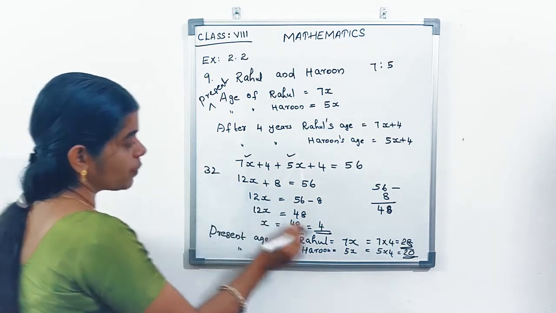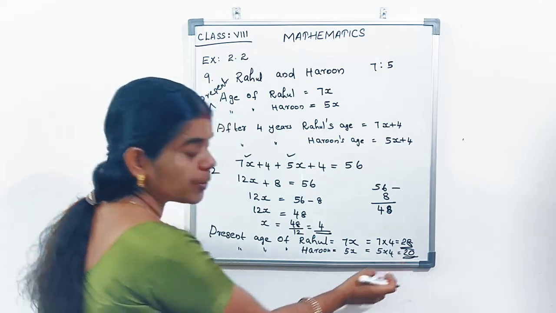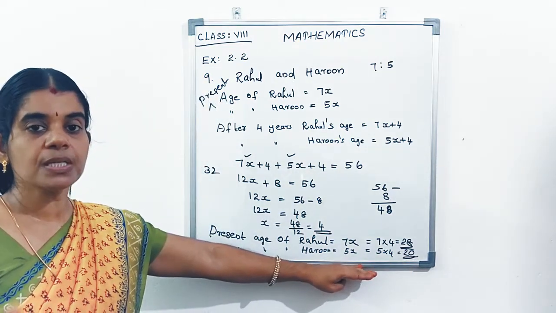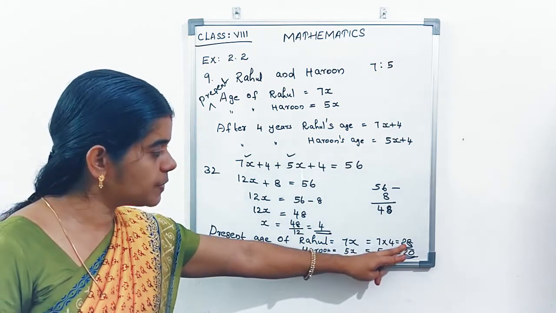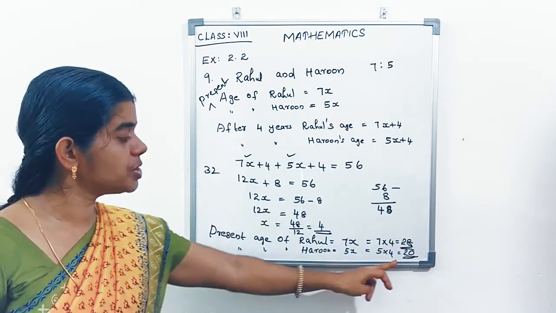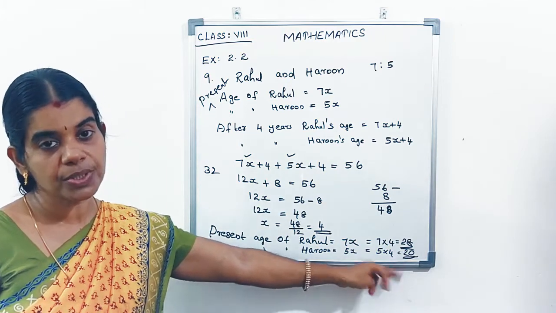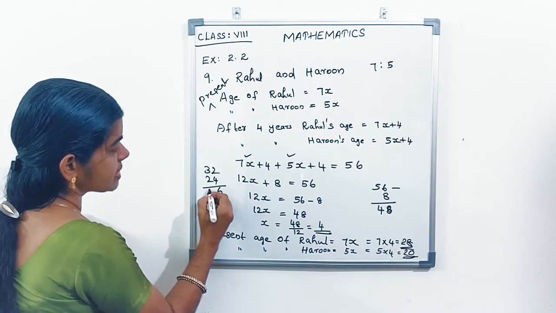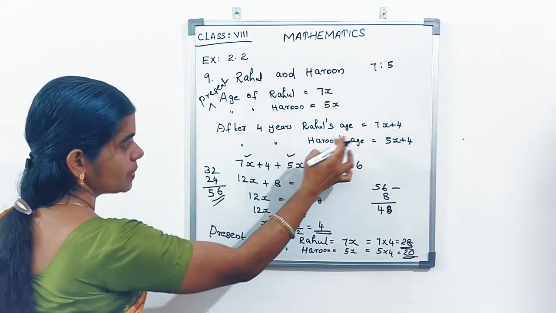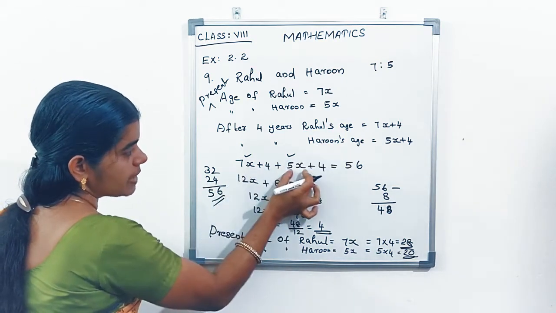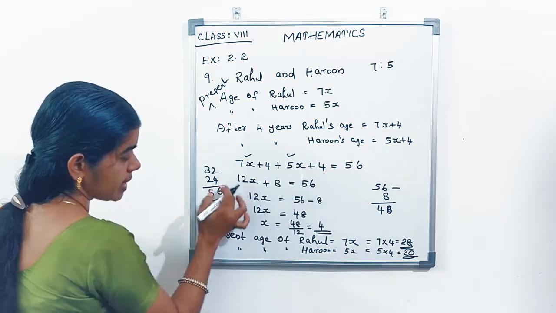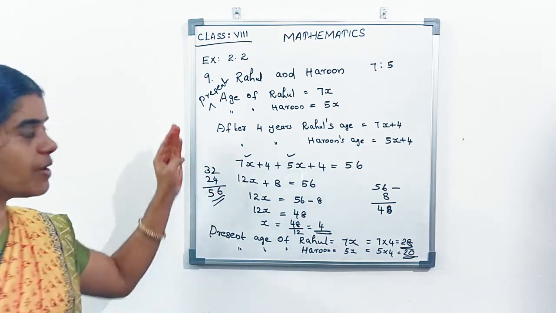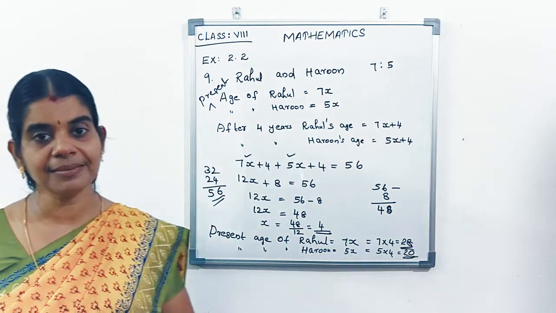After 4 years, what will be the age of Harun? 20 plus 4, that is equal to 24. Then 32 plus 24, you got 56 also. This is given, 7x plus 4 plus 5x plus 4 is equal to 56. Checking also you got 56. Therefore our answer is correct. Is it clear?